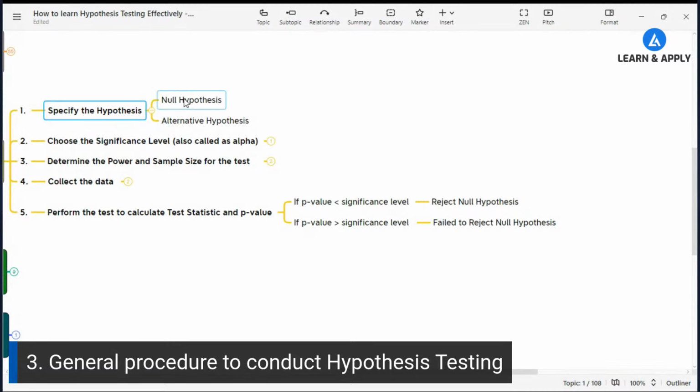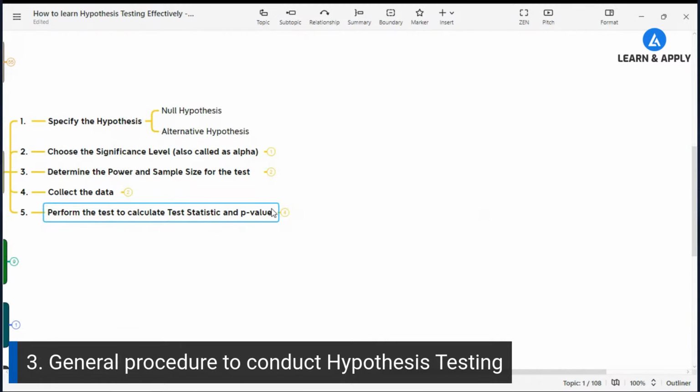These are exactly reverse statements, and based on this value, we go with the null hypothesis or with the alternative hypothesis, right? So which statement we select, or which statement we believe, will depend on this p-value with respect to the significance level.